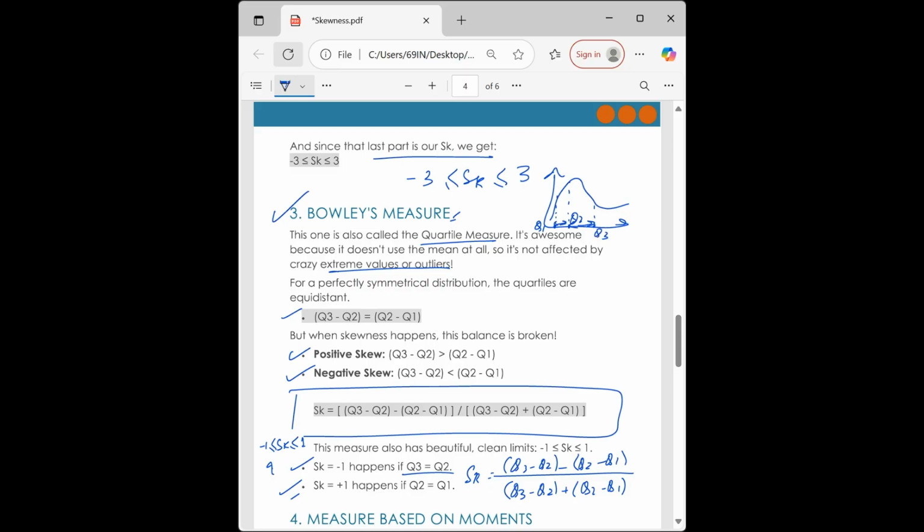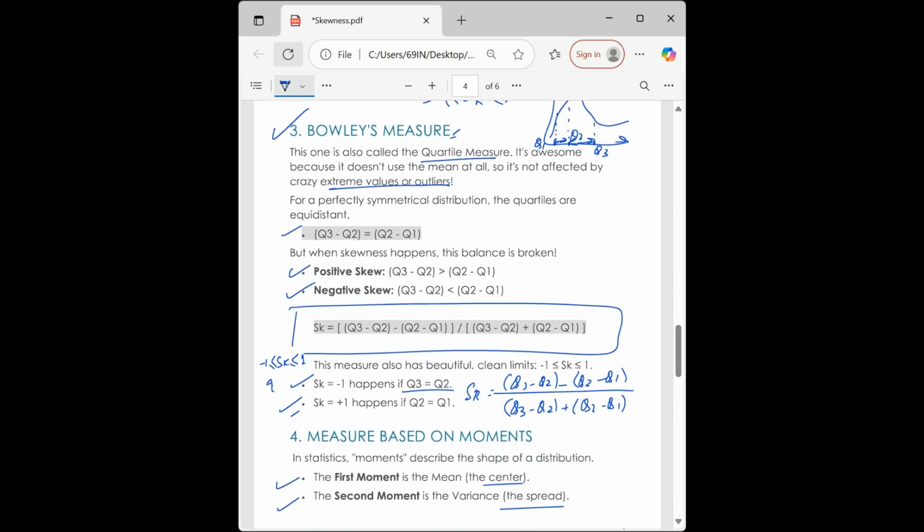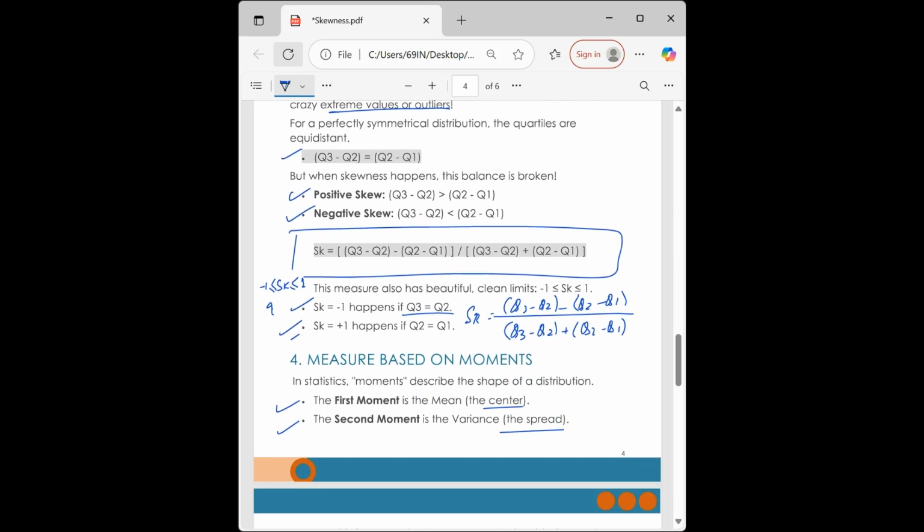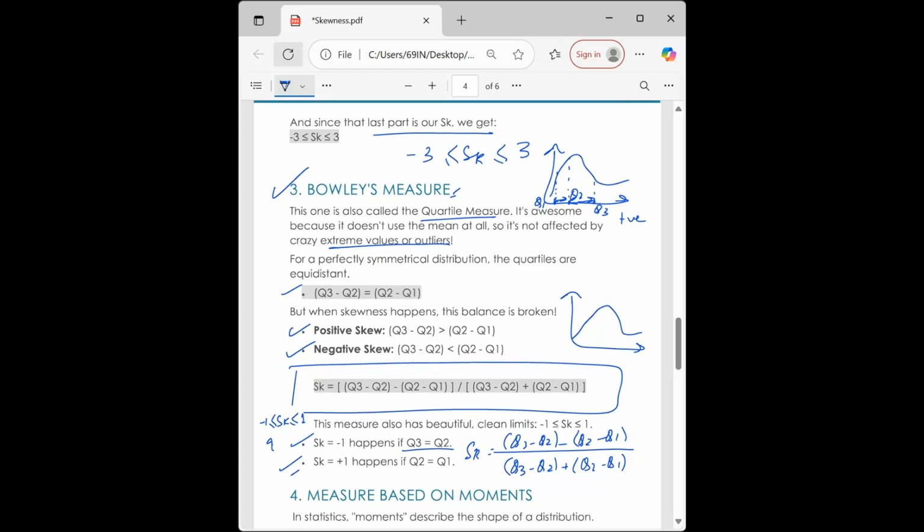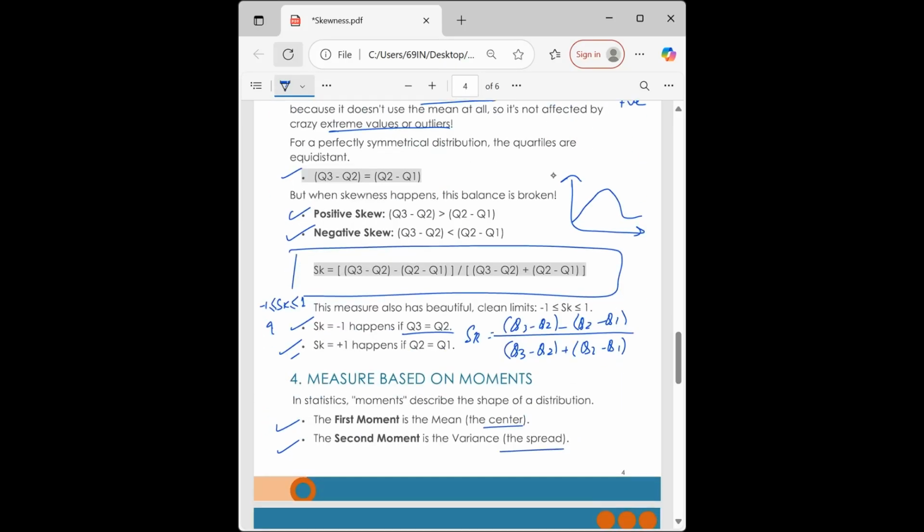You can understand the distance for positive skew. And for negative one, how do you draw it? You will take the longer tail here. Here, the longer tail is here, okay? And in this one, the negative skew, the longer tail is here. Let's say this is Q1, this is Q2, this is Q3. You can understand the distance from here.